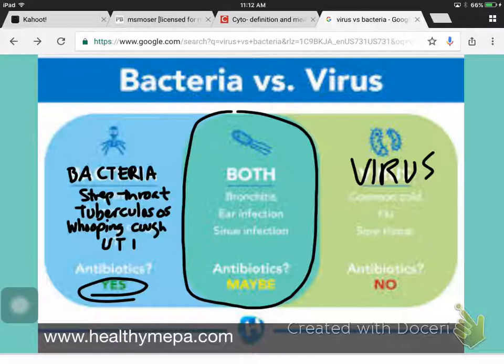So when you have the common cold, that is a virus. It will make you drippy and miserable and stuffy and kind of dopey and snotty for 5 to 7 days. You should drink lots of fluids, blow your nose a lot, and wash your hands so that you don't share that virus with everybody else around you.